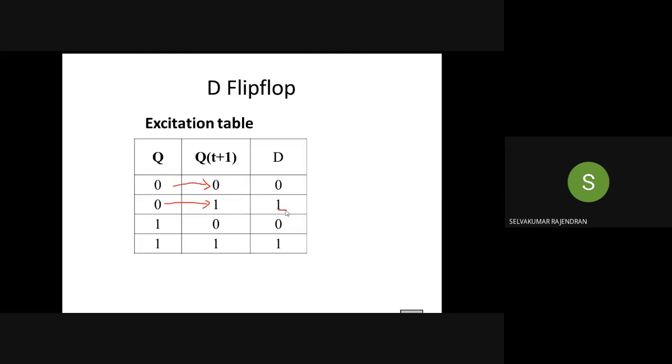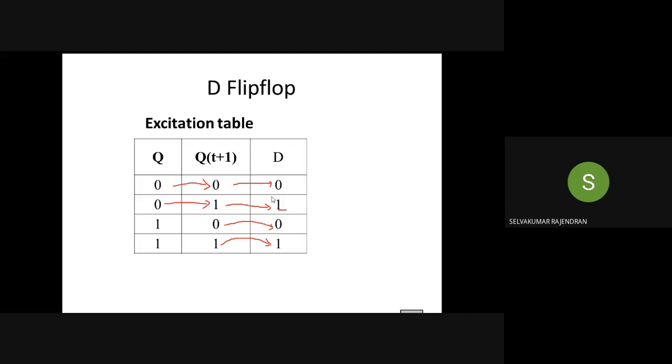That should be 1, because for a D flip-flop, the next state value follows the data available on data input D. Here the present state is 1, next state is 0. Because of next state 0, the required input is 0. Here the present state is 1, next state 1. Because of next state 1, the required input is 1. So this is the excitation table.